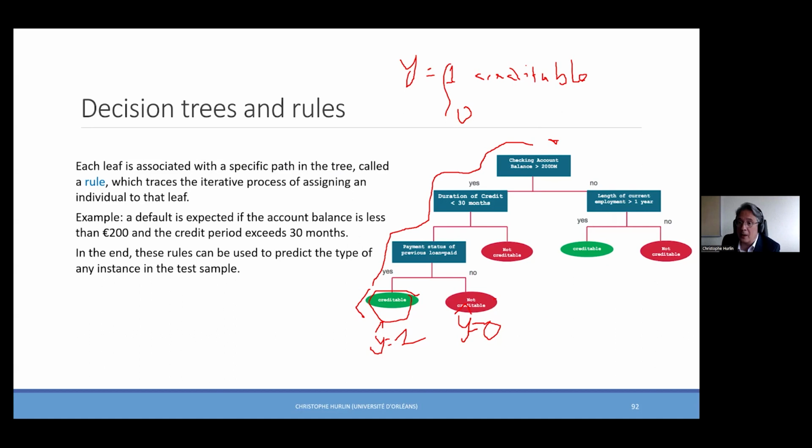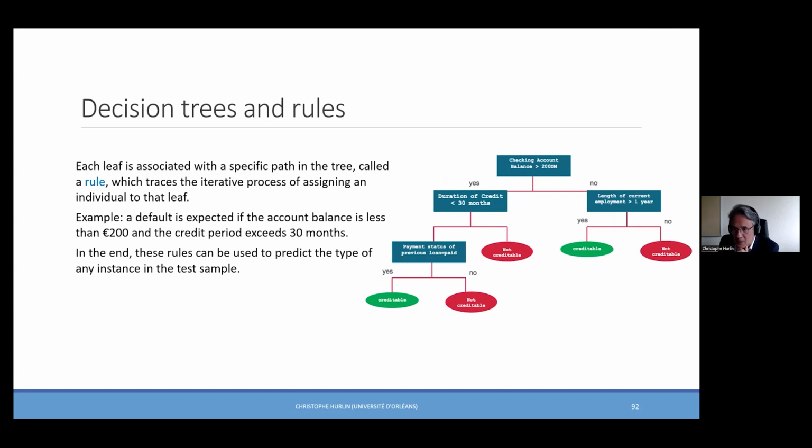It means that if my checking account balance is larger than 200 euros, if the duration of credit is less than 30 months, if the payment status of my previous loan is paid, then I forecast yes. I forecast that the borrower is creditable and give him the credit. Is it clear?